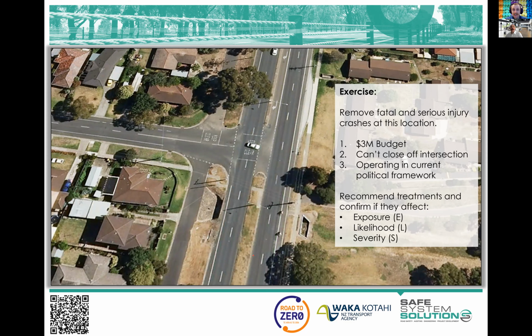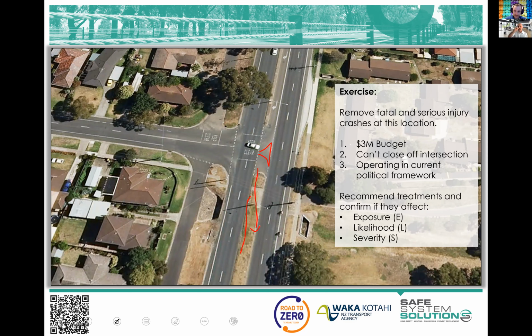Channelisation or a seagull kind of arrangement, what would the cost for that one be? So that one's going to be 750,000. Maybe people don't know what a seagull is. A seagull is basically to create some sort of arrangement where you could accelerate vehicles so they could come out and accelerate down and merge in from the right.